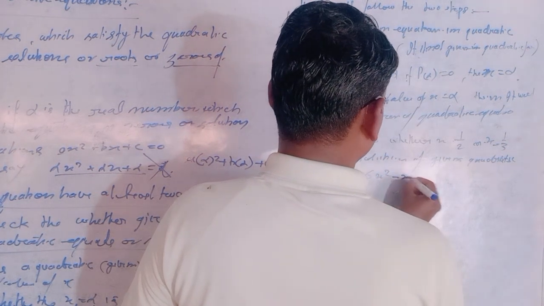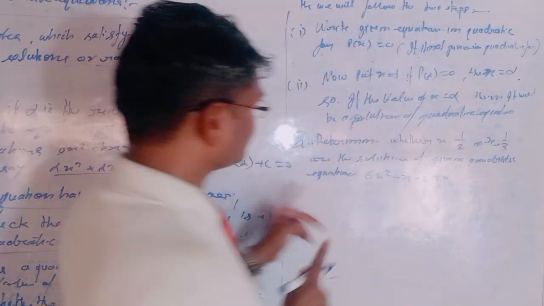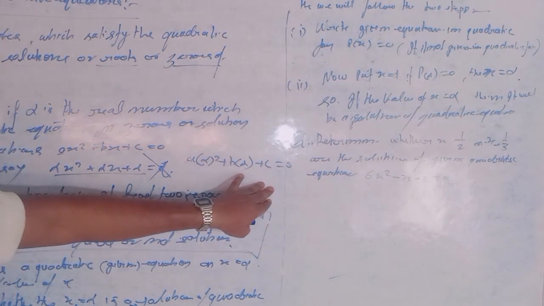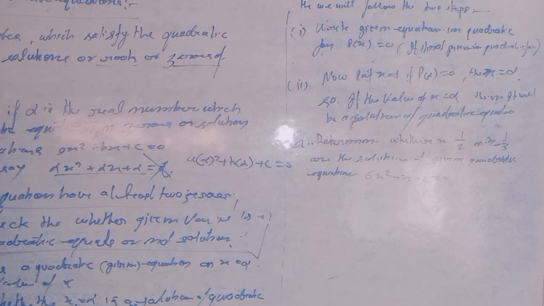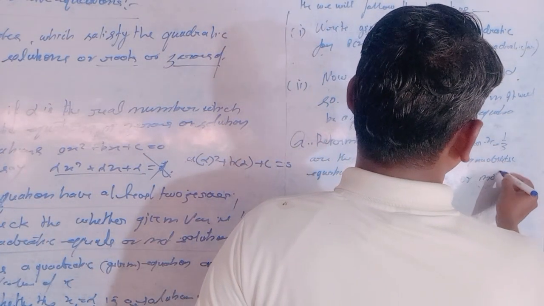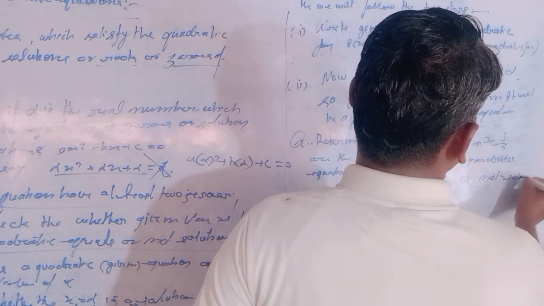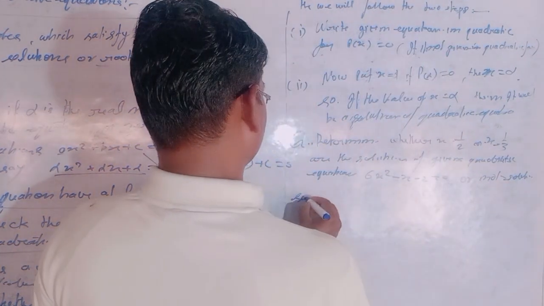The quadratic equation given is 6x square minus x minus 2 is equal to 0. This is a quadratic equation in the given form. So are these solutions or not? Let's start the solution.